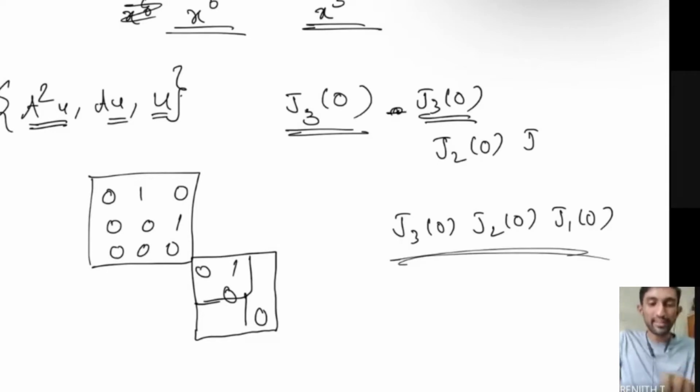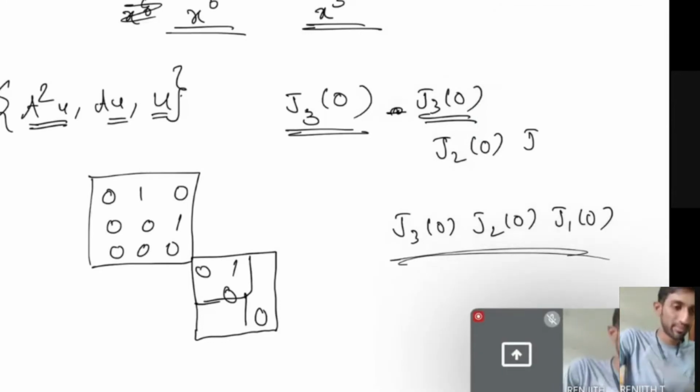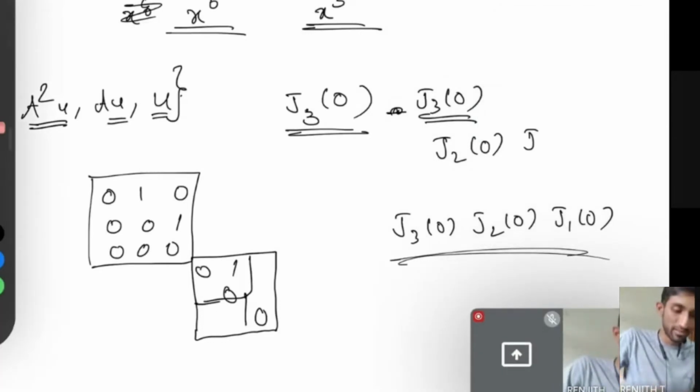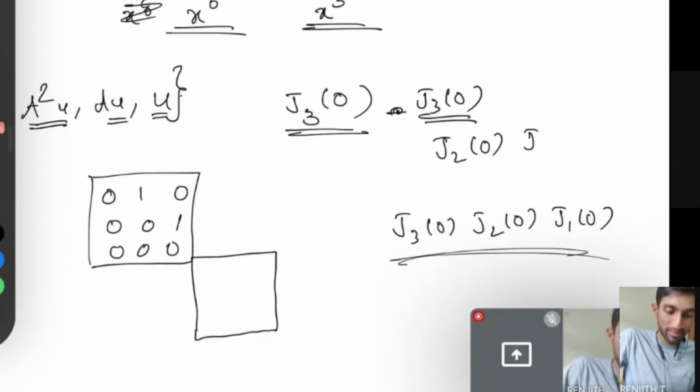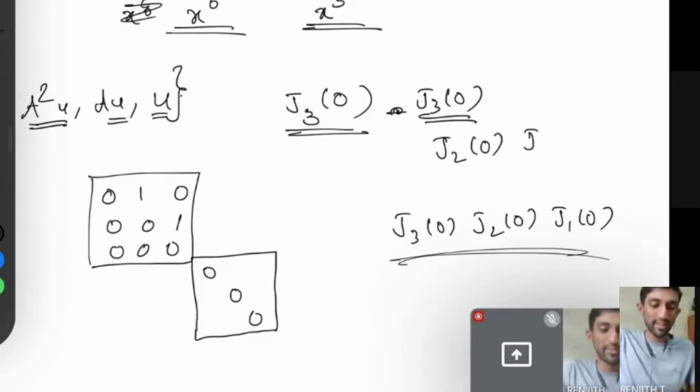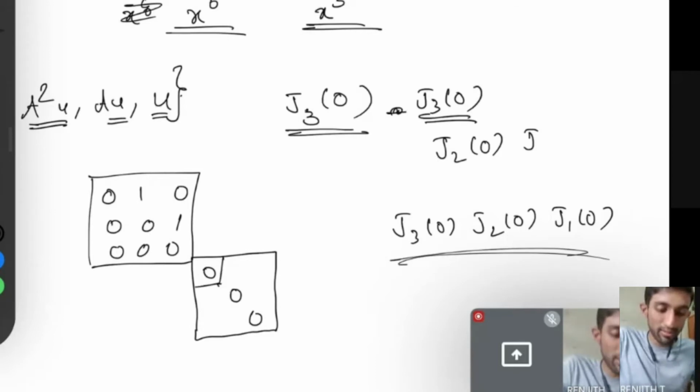If you write it 3, 3, 3, then the nullity will be 4. Somebody told it this way, right? If this is the way, then there are 3 more blocks here, and all these are eigenvectors.